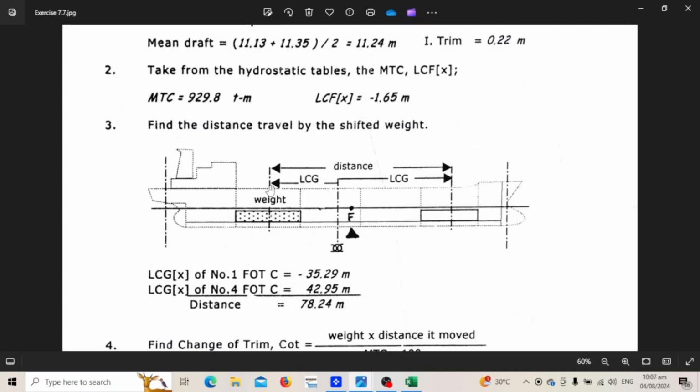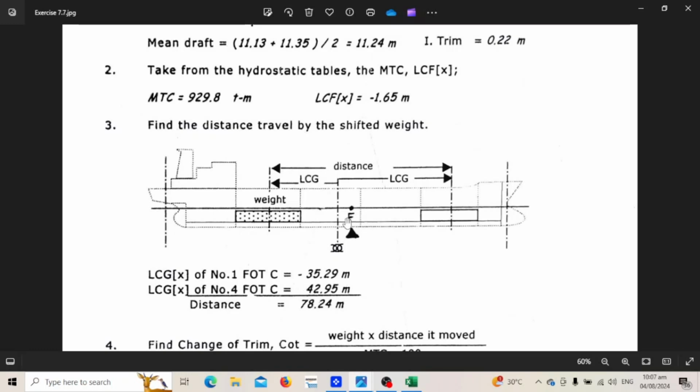Likewise on FOT tank number 4, from the center of flotation going to the center of tank number 4, that will be your LCG. So what is the distance from the center of FOT number 1 to the center of FOT number 4?